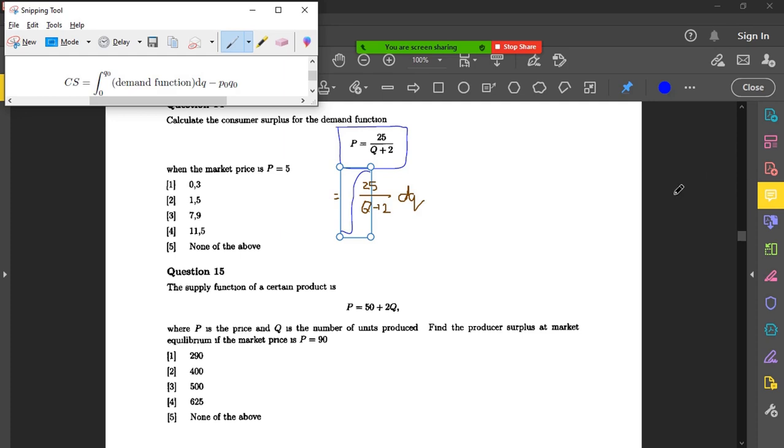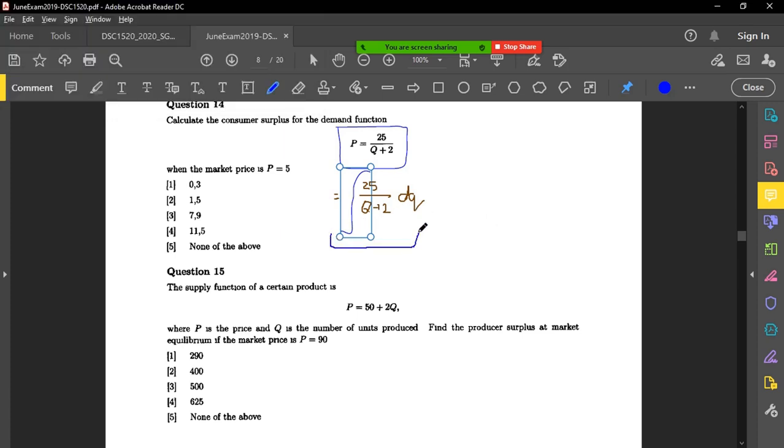Am I supposed to use that 1 over U or? No. Well, in terms of the integration, later you would have to. So do I need to integrate at this point? Yes. So you need to bring it into something like that, and then from 0 to Q. Yes. And obviously minus the PQ.